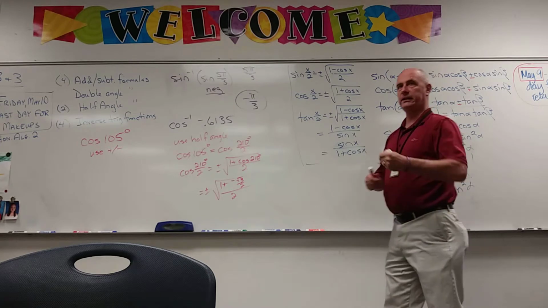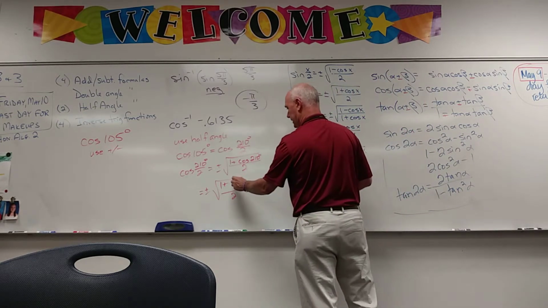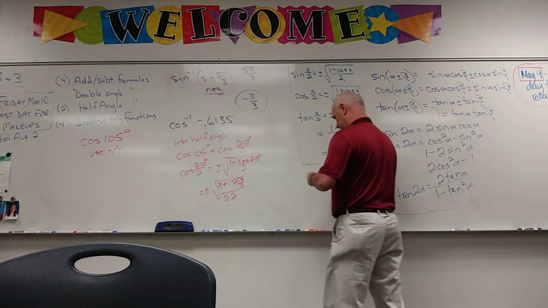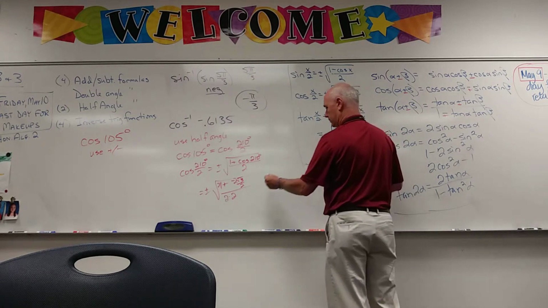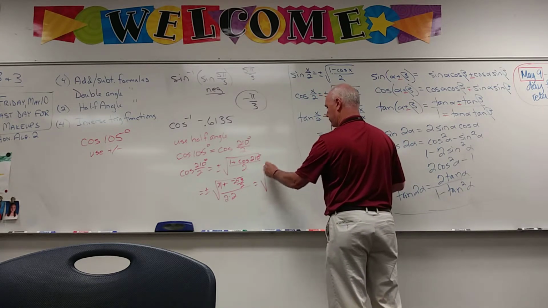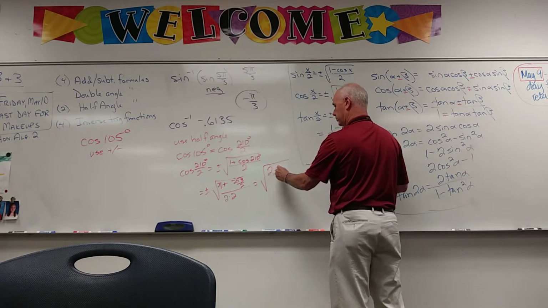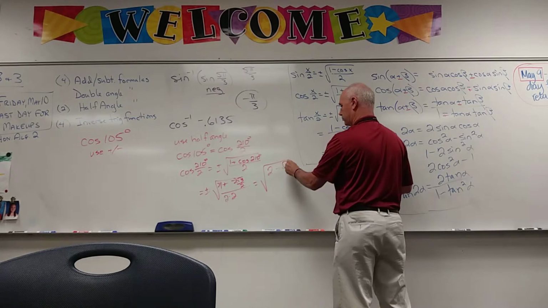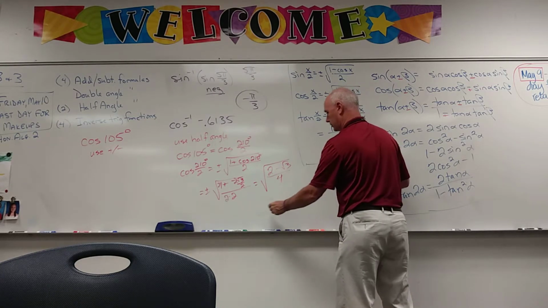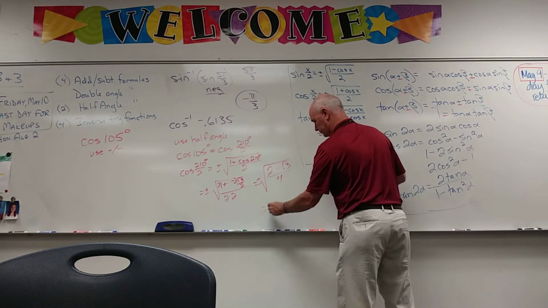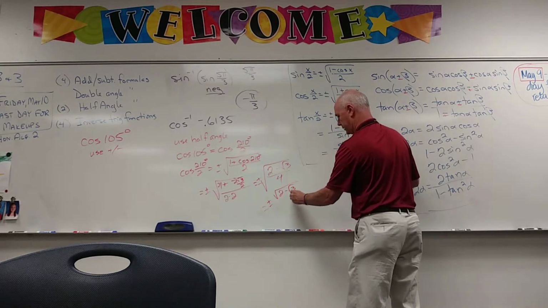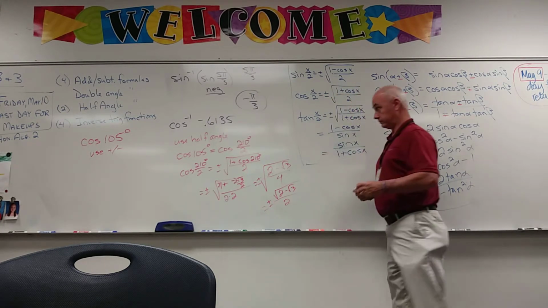Now it's all cleaning up. We multiply to get rid of the complex fraction, which gives us the square root of 2 minus square root of 3 over 4, which becomes plus or minus the square root of 2 minus root 3, over 2.